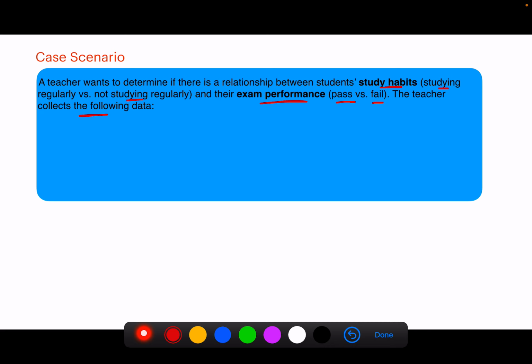We have study habits, which is studying regularly or not studying, which is categorical data, and exam performance, pass and fail, which are categorical, not numerical data. We will think of chi-square and Fisher exact test.